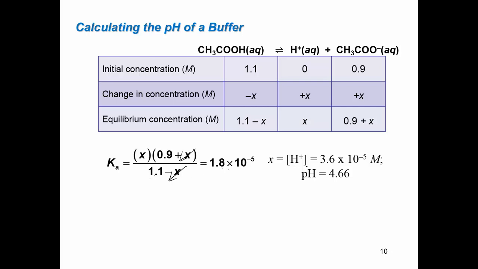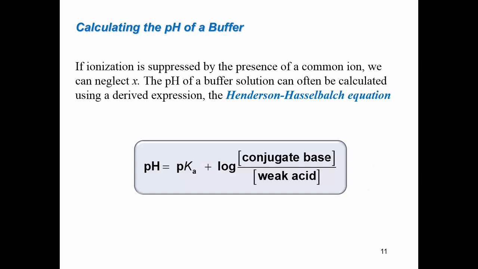So the hydrogen ion concentration equals 3.6 times 10 to the negative 5, or a pH of 4.66. Now the original buffer had a pH of 4.74. Notice how adding that strong acid didn't change the pH of the buffer all that much.